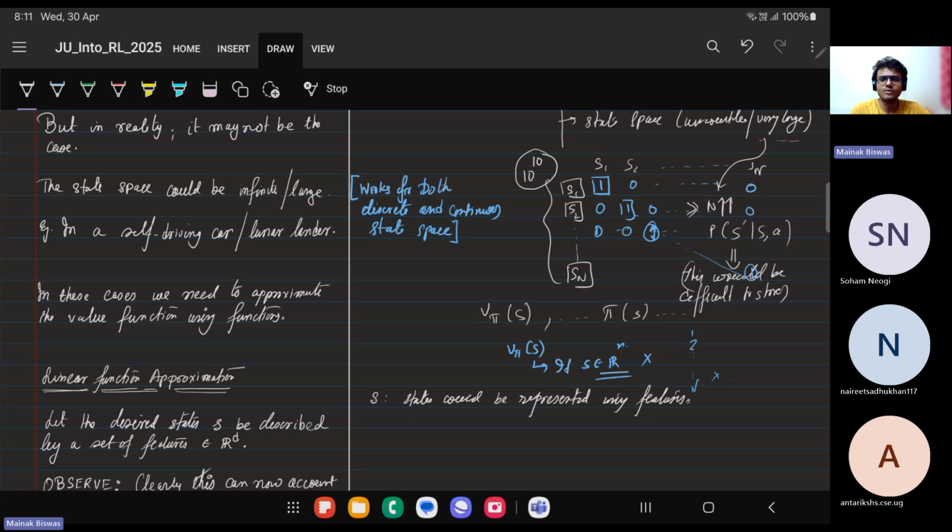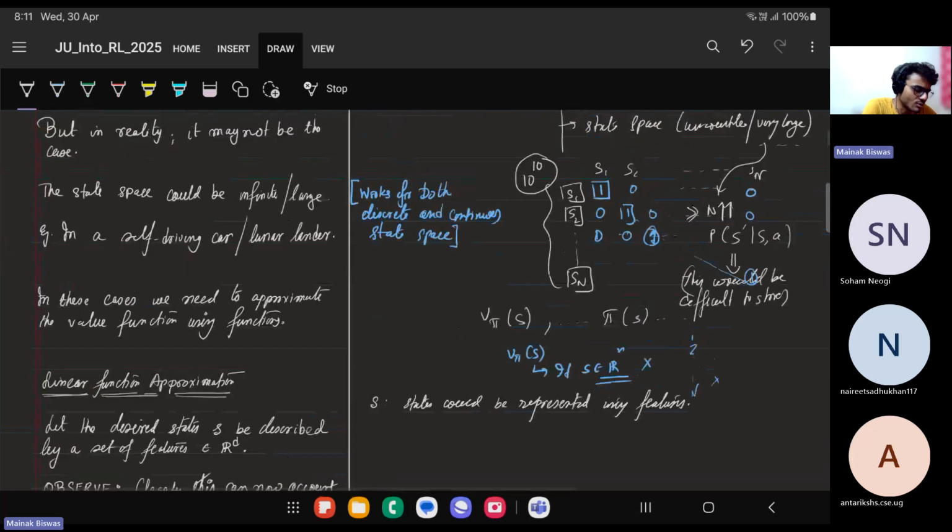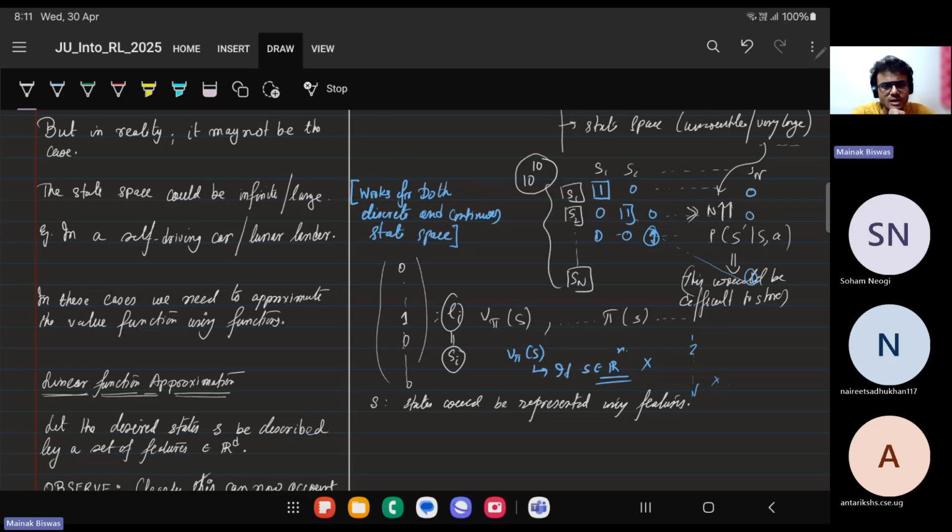Then each of the features could represent the particular state, isn't it? For example, 0, 0, 0, 1, 0, 0, 0, 0. This is, say, the ith state. This would represent the state Si, correct? If the ith element is 1.